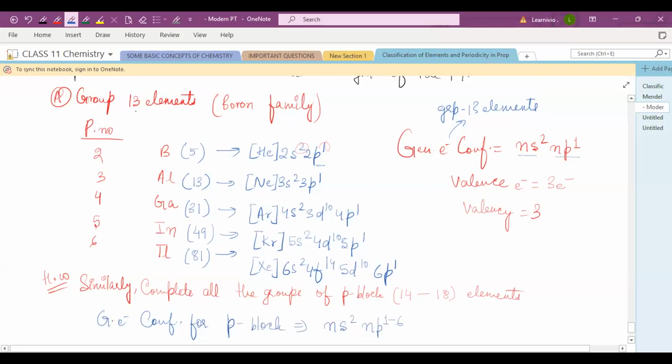It's the case of group 13 elements. When it is group 14 elements, it will be np2. When it is group 15, it's np3, and similarly it goes on. So the general electronic configuration is this. Accordingly, you just have to fill the electrons. Got it?